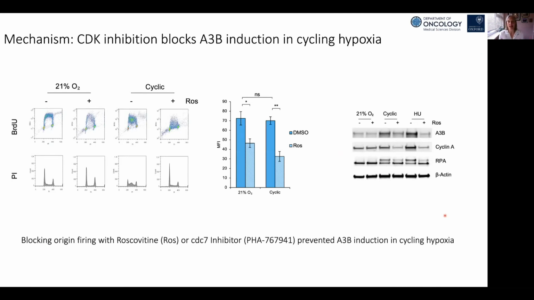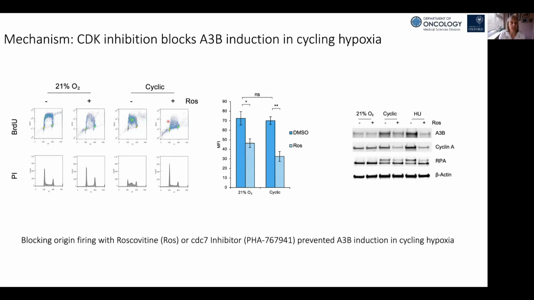So what's the mechanism? If we believe that we have made our cyclic conditions more akin to hydroxyurea treatment, and that part of this is due to that increased DNA synthesis, that increased replication, then if we prevent that, or if we inhibit that, we would predict reduced APOBEC activity.